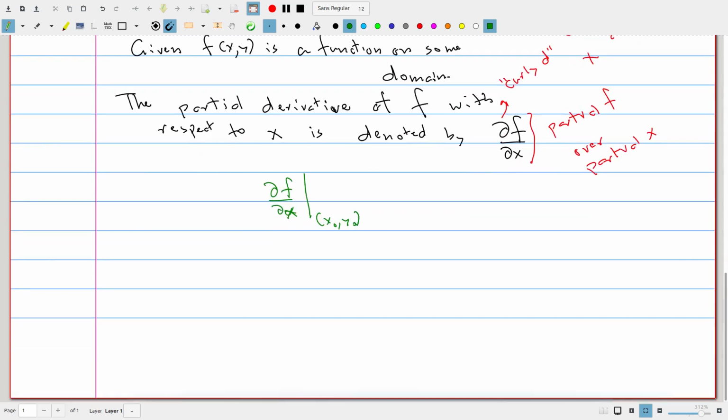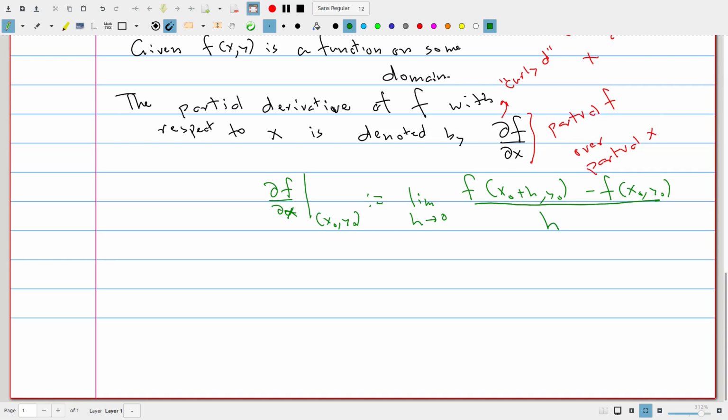This is defined to be equal to the limit as h goes to 0 of f of x naught plus h, y naught minus f of x naught, y naught, divided by h. Remember, this is a function of two variables.